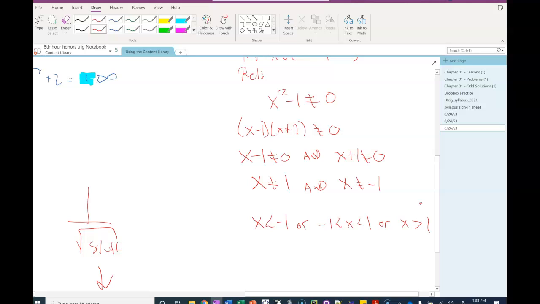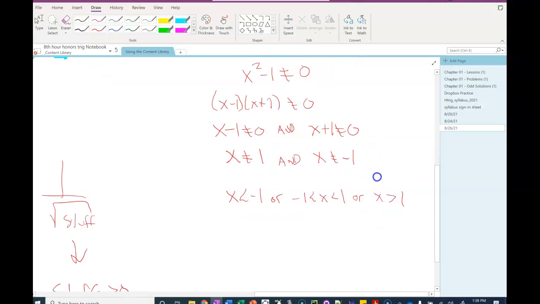If it can't be -1 and it can't be 1, there's 3 spots. There's stuff less than -1, the stuff in between the two, and the stuff bigger than 1. Is that okay? It's probably easier to just use a little bit of common sense than try to resolve each of these into separate inequalities, and then have overlapping inequalities that need to be combined, which becomes way harder than it needs to be.